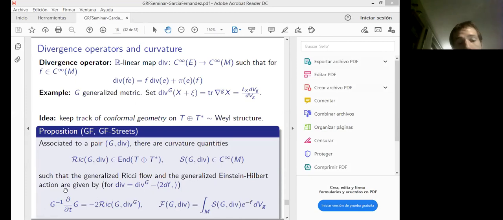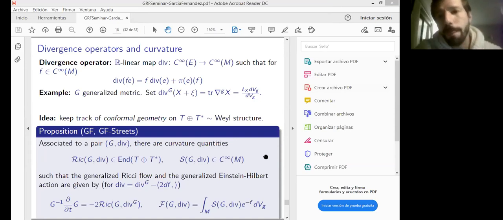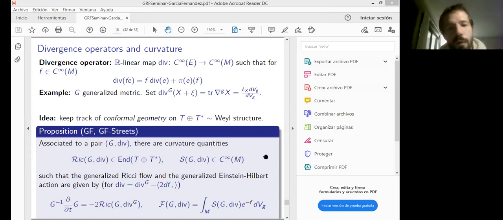The evolution of the generalized metric is given by minus 2 times this generalized Ricci tensor, and the generalized Einstein-Hilbert action is given by the integral of the generalized scalar curvature. This is what I'm going to explain in more detail next day, before we move on to the basics of generalized Ricci flow from the analytical point of view.